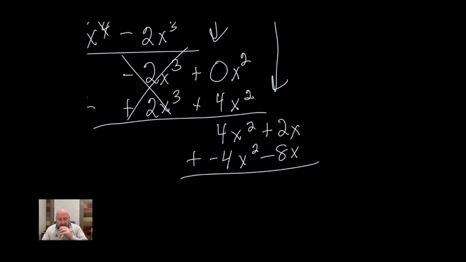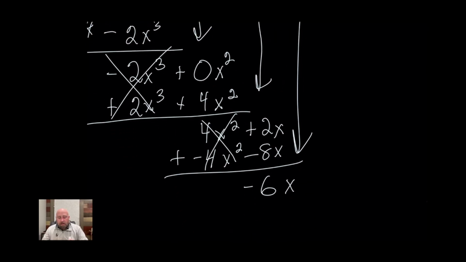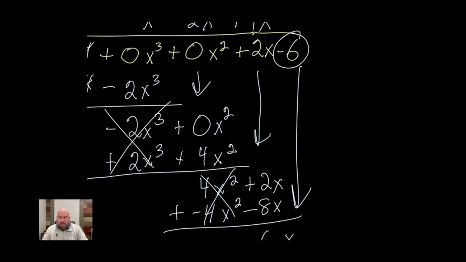That's our subtraction. And so here's our problem right here. Again, this one cancels. If you notice, almost always that first one's going to cancel. And then this second one, 8 minus 2 is 6. And the sign of the 8 is larger, so -6x. We're going to bring down our 6 all the way down here, and it's a -6. So make sure you bring the negative with it.